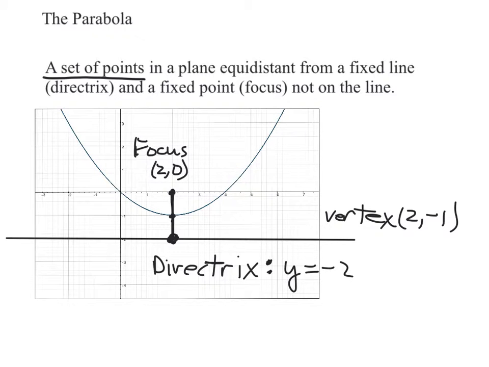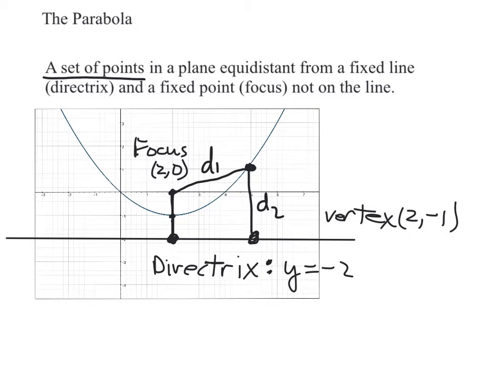Now, that is not the real interesting part. The real interesting part is when we go from the focus out to some other point, and then from that point down to the directrix. Well, these distances would be the same.